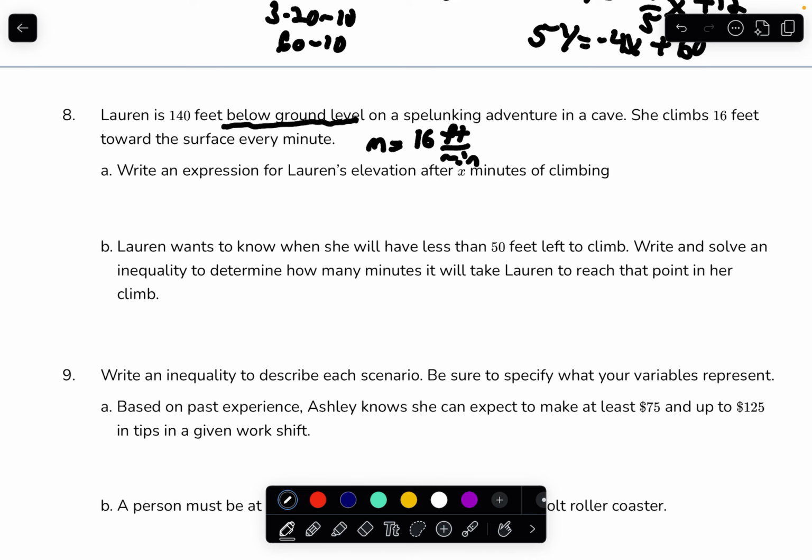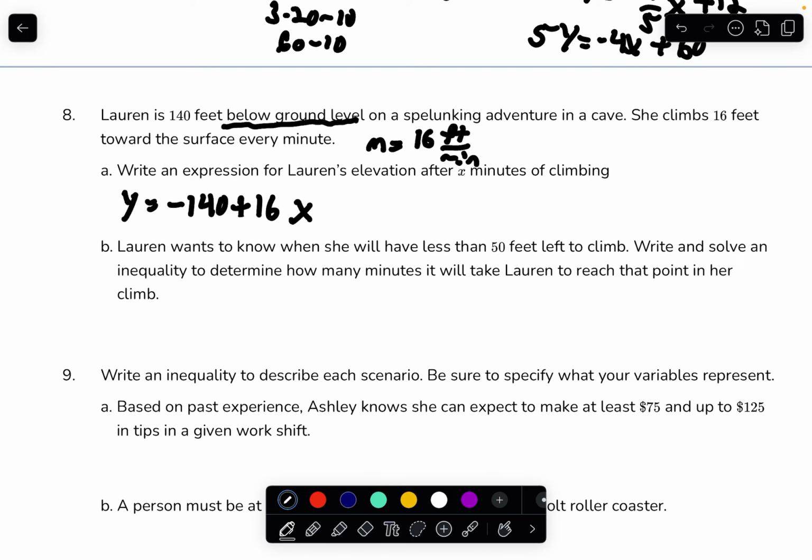So her elevation, E for elevation, is going to equal 140 feet below ground level, that's negative 140, plus 16 and X. And maybe I'll just make that Y, where Y is the elevation.